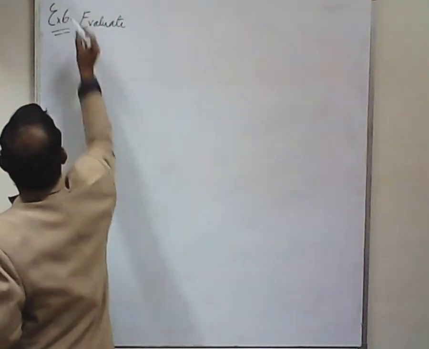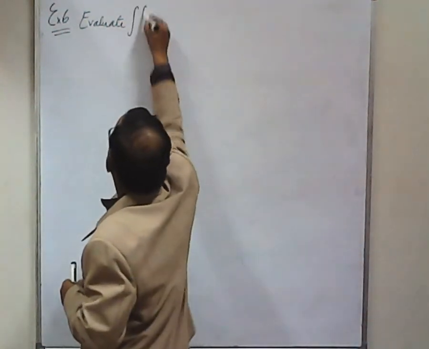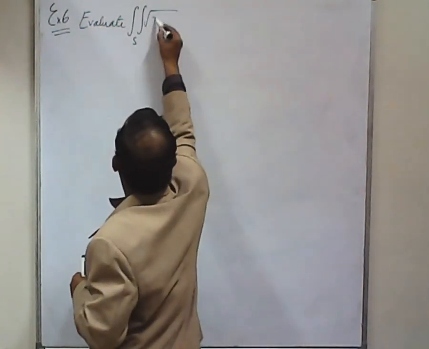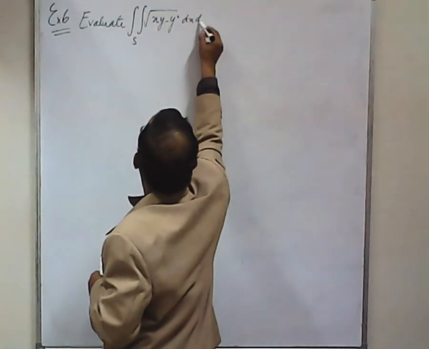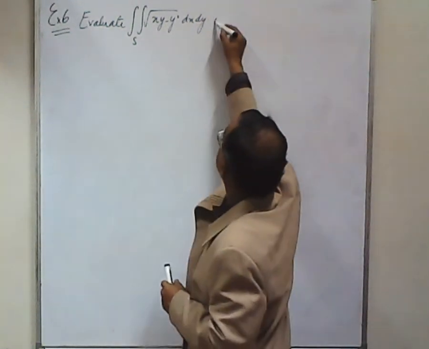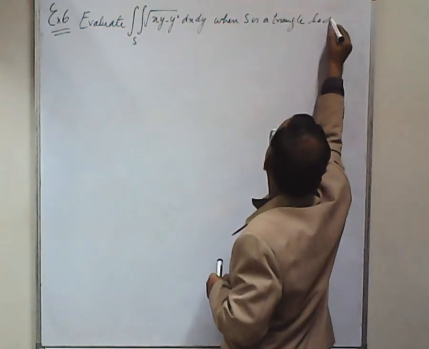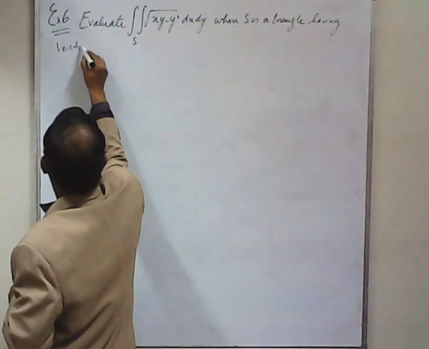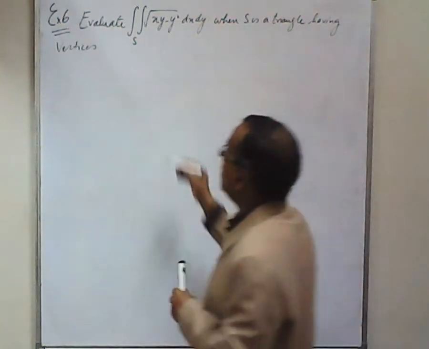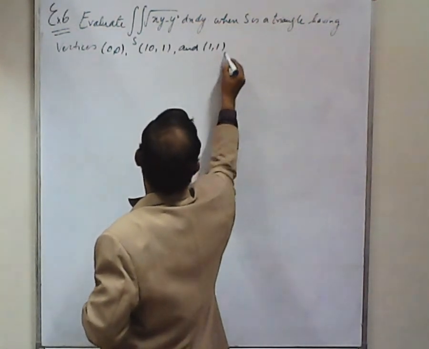This is example number 6, and we need to evaluate the double integral over the region S of xy minus y square dx dy, where S is a triangle having vertices 0, 0, 10, 1 and 1, 1.